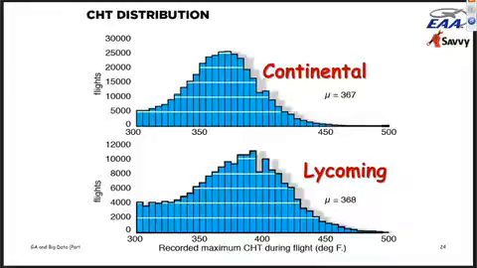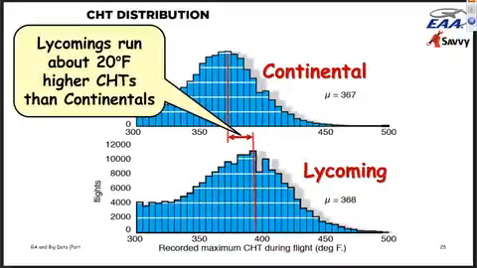But we were taking a cross-section of a very large sorted group of aircraft, some Continental-powered, some Lycoming-powered. And sure enough, what the data showed was pretty much what I had speculated, that Lycomings on balance seem to run about 20 degrees Fahrenheit higher CHTs than Continentals do.